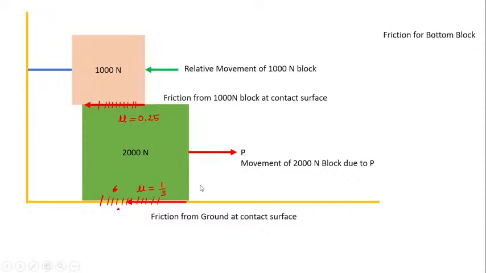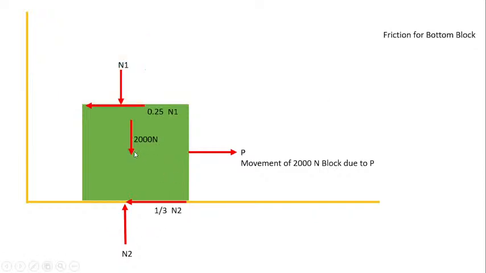Consider vertical reaction forces N1 from block A and N2 from the ground contact surface, and 2000 Newton will be acting at the center. This forms the free body diagram for the force system. Now resolving forces vertically, summation Fy equal to 0.